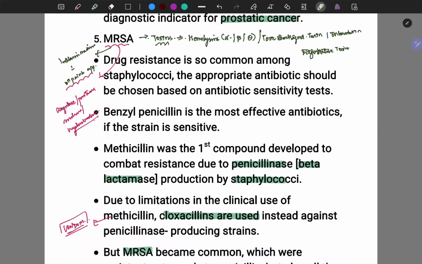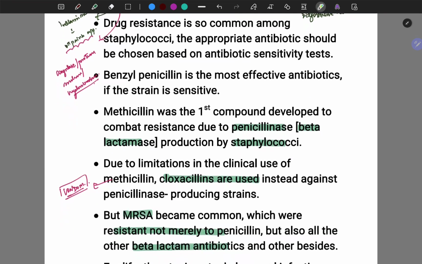So treatment is benzylpenicillin, which was initially given in the strain which is MSSA. If it is MRSA, now we have to go for vancomycin. Right. So I want you to remember, due to limitations in the clinical use of methicillin, cloxacillins are used instead against penicillinase producing organisms.